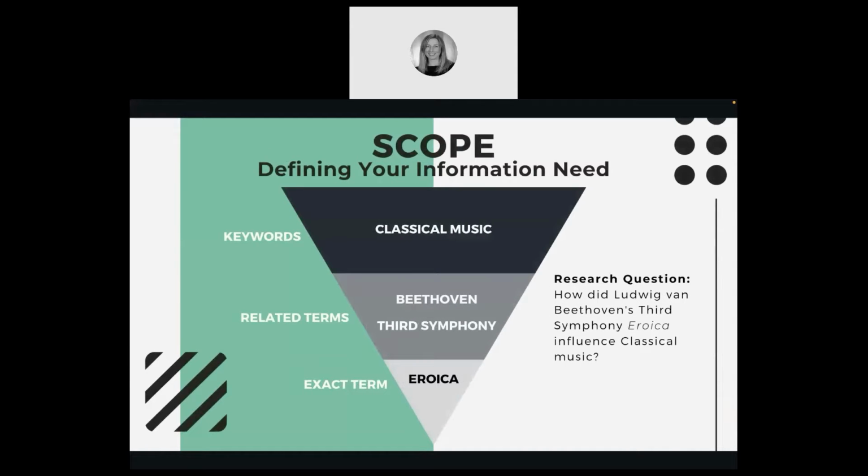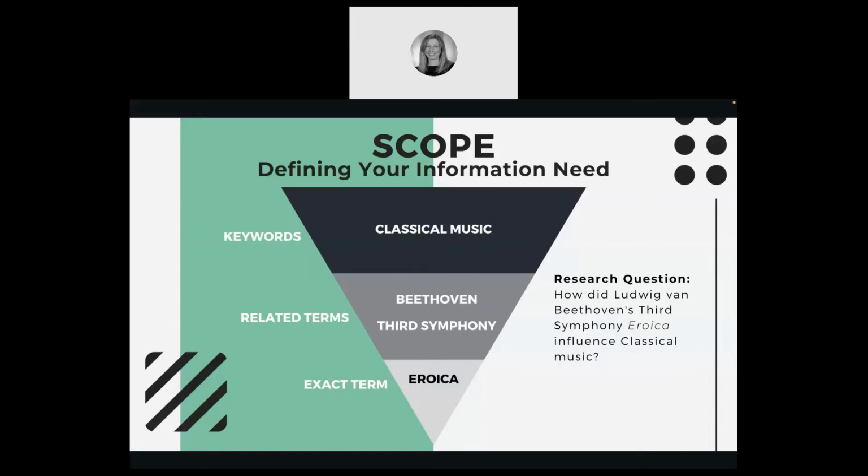As you conduct research, you're going to begin defining the scope of your research. When you select a topic, it will begin very broadly, such as classical music. You can go in many different directions with this broad topic. As a researcher, I'll begin to read through reference resources such as encyclopedias and dictionaries to gather background information to help me narrow the scope of my research. As I read through encyclopedias and dictionaries on my topic, I'll come across additional related terms, such as Beethoven and Third Symphony.